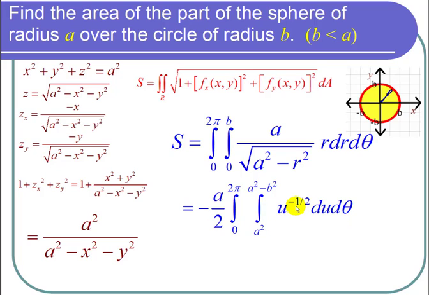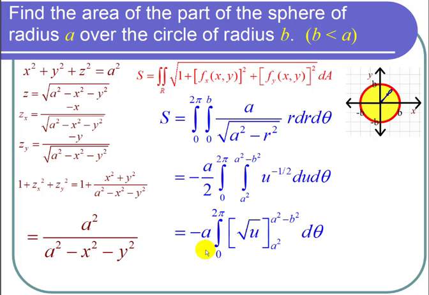The integral of u to the negative 1/2 is 2 times root u. So the 2 and the over 2 out here cancel, and I get negative a times the integral from 0 to 2 pi of root u from a squared to a squared minus b squared d theta. And then I plug in.